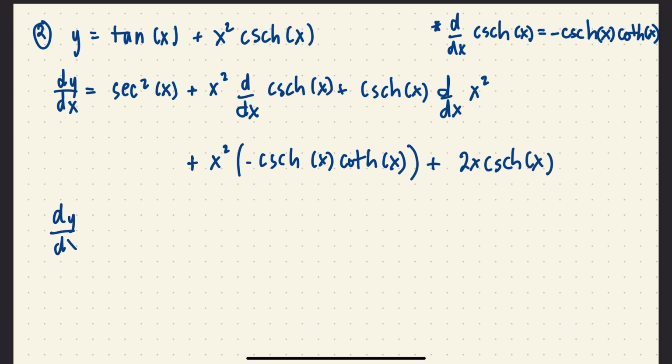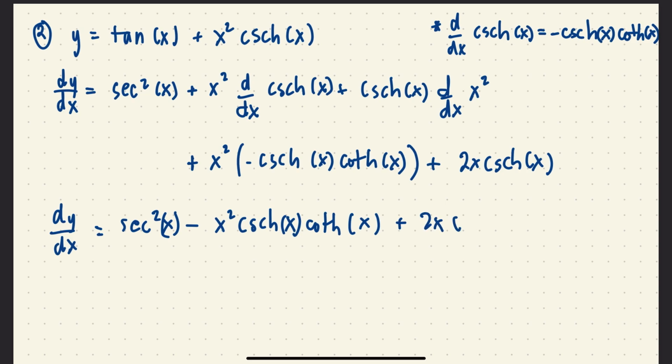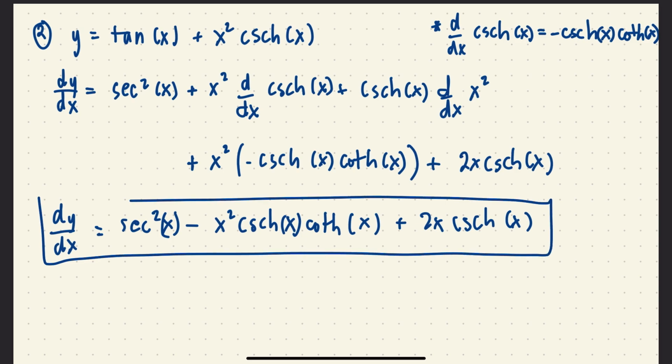Simplifying, you'll get your derivative as secant squared x, minus x squared hyperbolic cosecant of x hyperbolic cotangent of x, plus 2x hyperbolic cosecant of x. This is now your derivative.